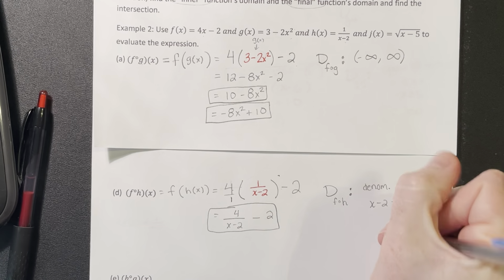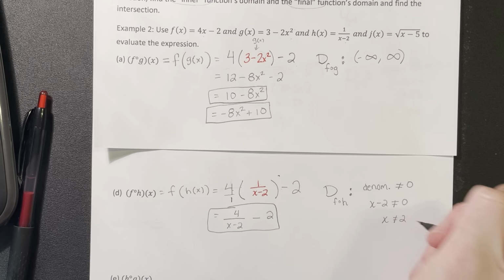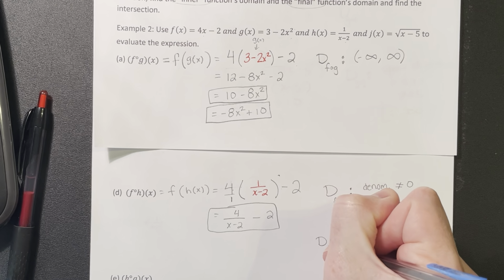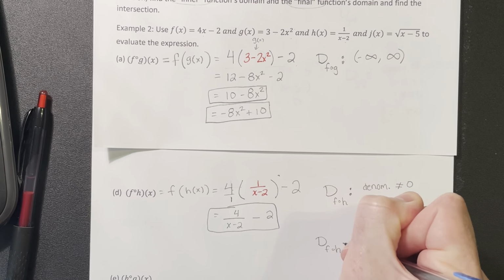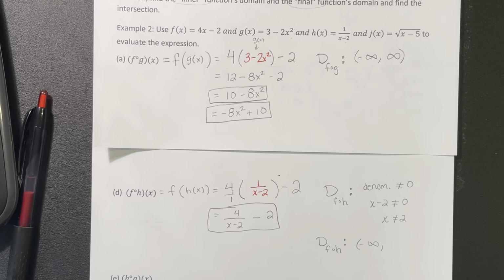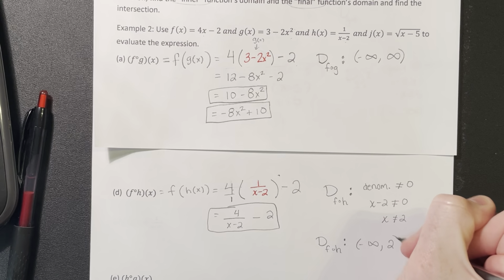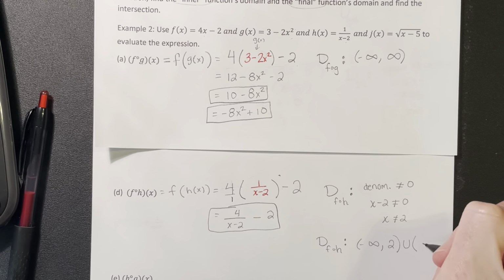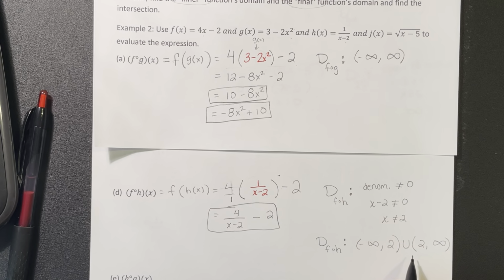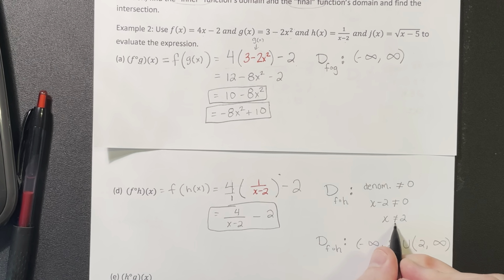And then we solve it out. So x cannot be positive 2. If we looked at that on a number line, we'd see every value shaded in except for positive 2. So we go from negative infinity up to 2, union 2 to infinity. And so those 2's are both going to get parentheses because they're excluded. It cannot equal 2.